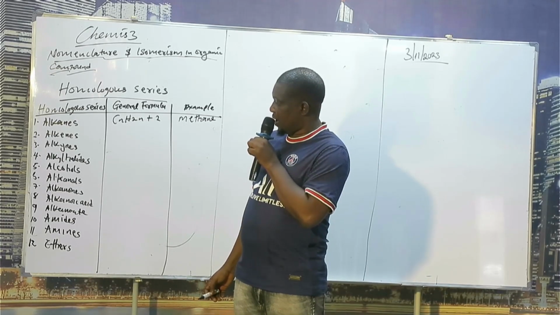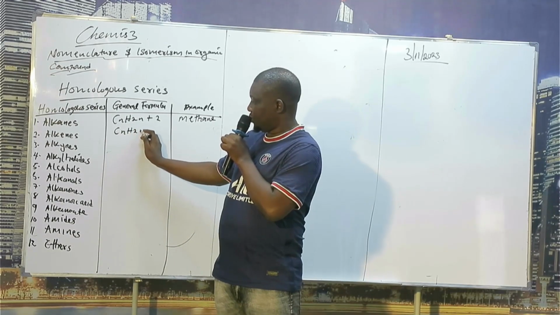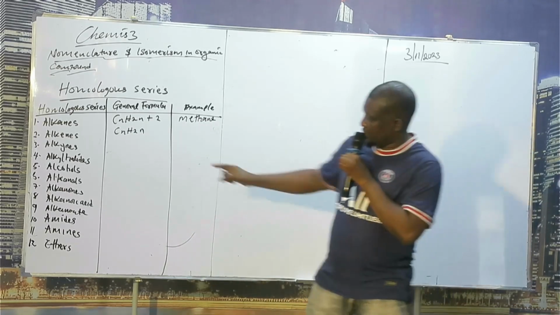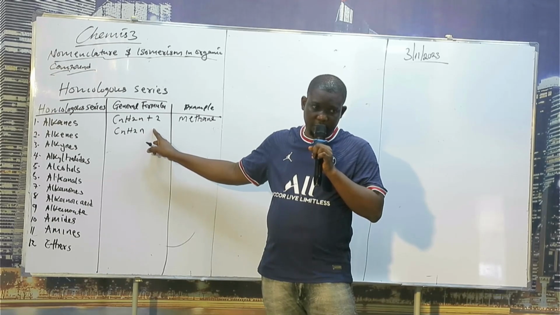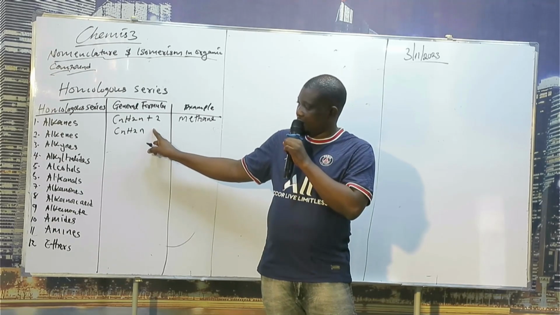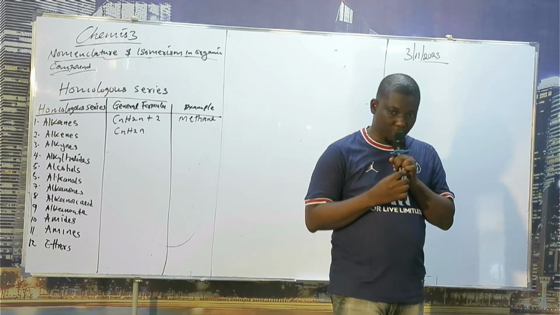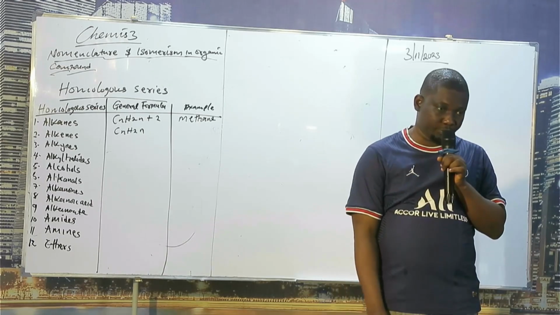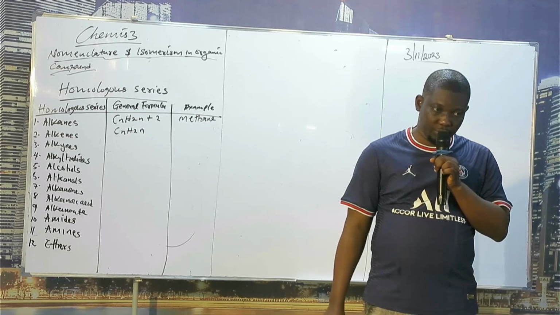What is that of alkenes? CnH2n. We cannot have plus again here. Do you know why? Because that family already has a carbon-carbon double bond. The 2 you see there is 2 hydrogen atoms.